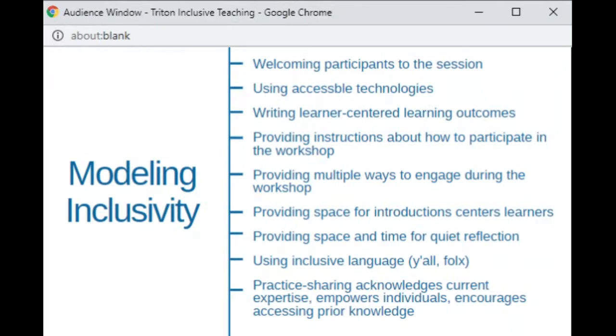You'll have probably heard me using inclusive language like y'all or folks. That's intentional. And then practice sharing is one of the key ways you can start to model inclusivity in your class, and you can start doing that today. It does not require anything else.